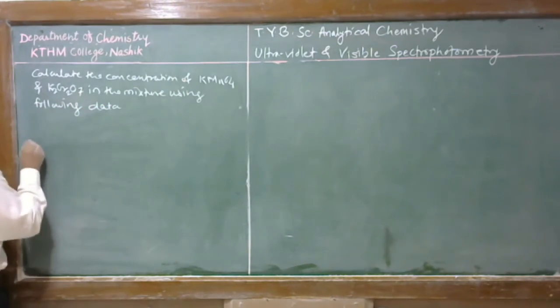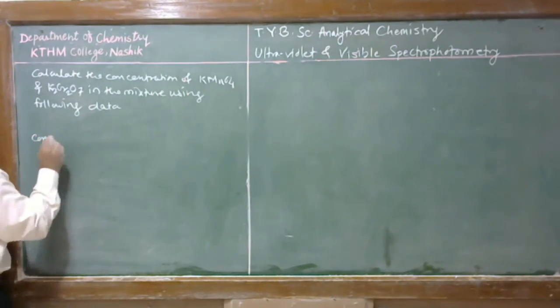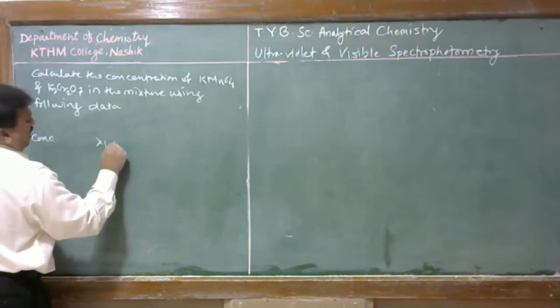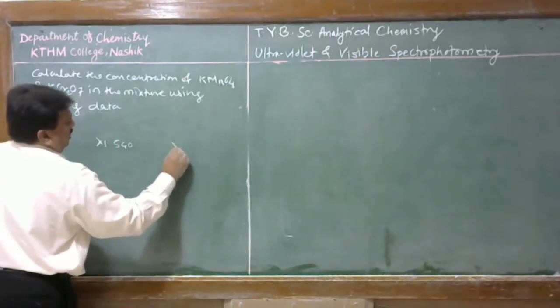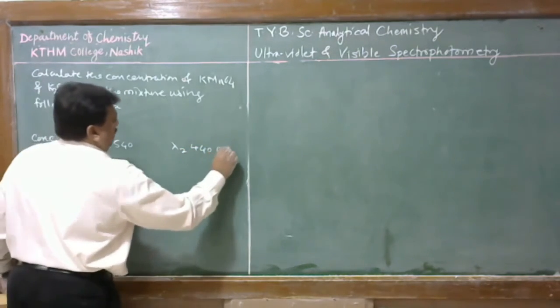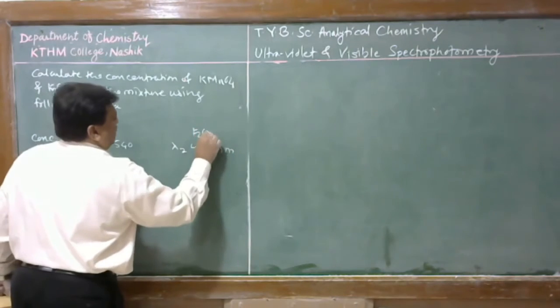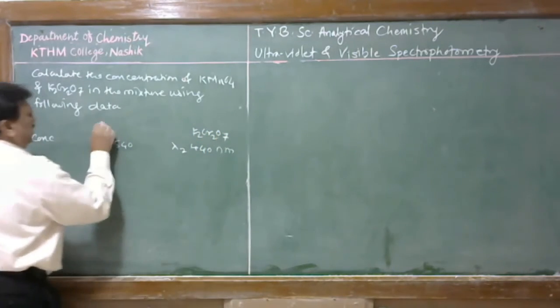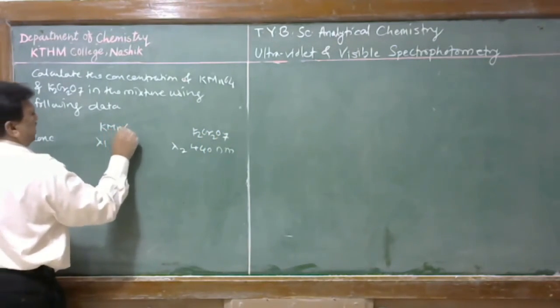Here, the wavelengths are lambda 1, that is 540 nanometer, and lambda 2, 440 nanometer, where K2Cr2O7 shows maximum absorbance. Here KMnO4 shows maximum absorbance.